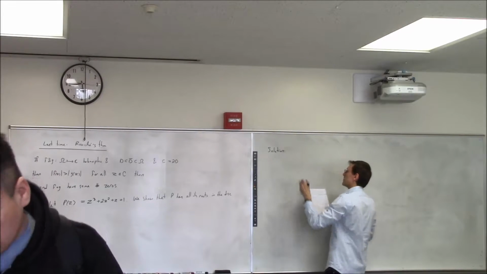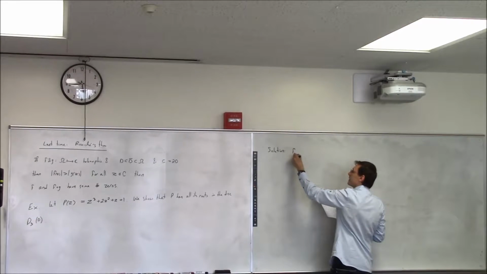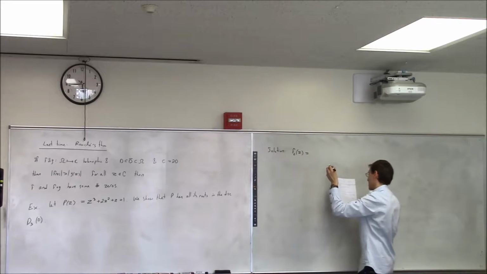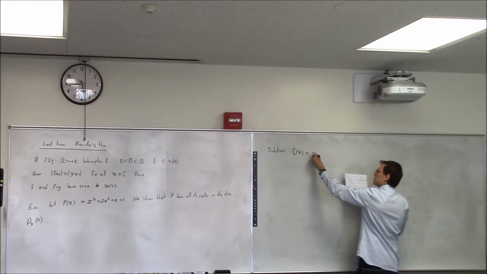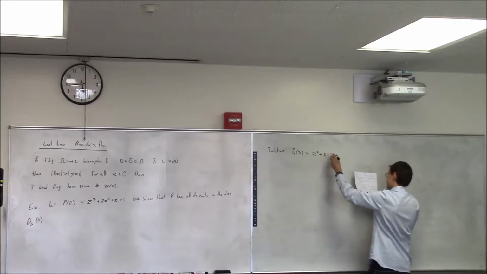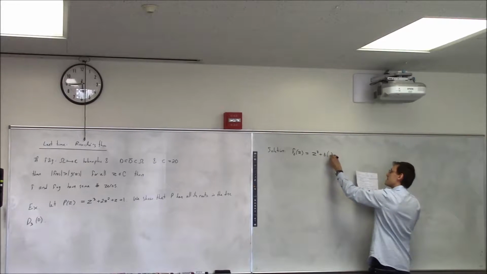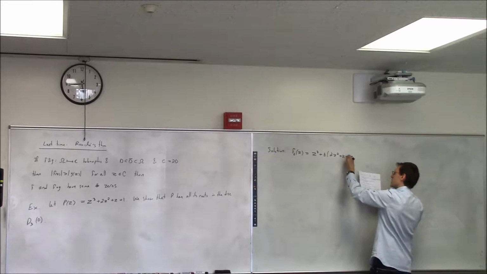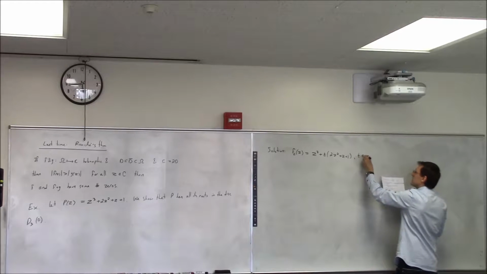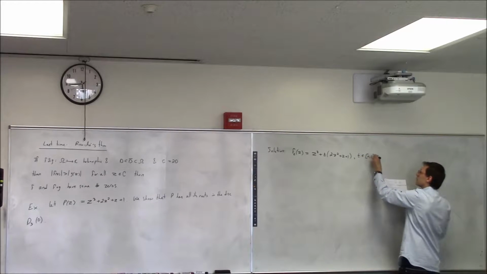Solution: we can define f_t(z) to be equal to z cubed plus t times 2z squared plus z plus 1, where t is in the interval from 0 to 1.